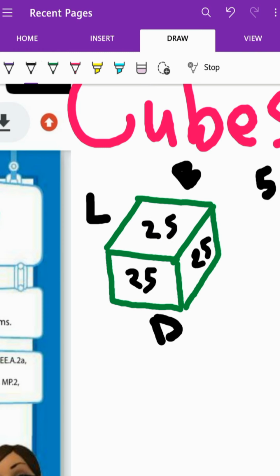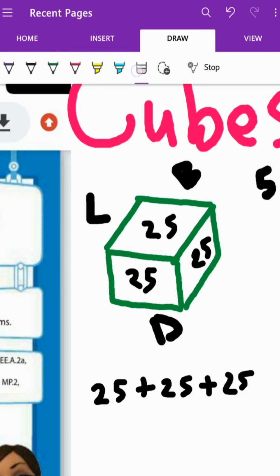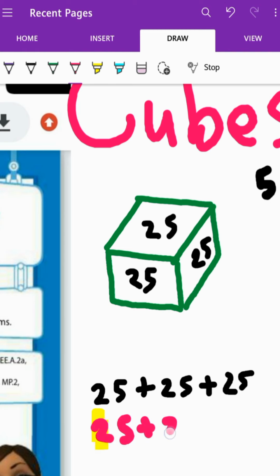So the area of the squares that I can see is 25 plus 25 plus 25. What about the 3 squares that I cannot see, which are the back, the left, and the down, the bottom? Yes, it is also 25, so plus 25 plus 25 plus 25.